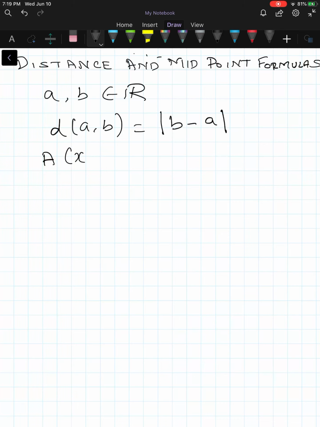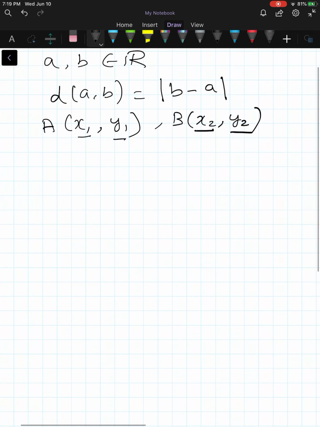Suppose we are given two ordered pairs, that is 2 points on a coordinate plane, that is A of x1 comma y1 and B which is x2 comma y2. So how to find out the distance between them? We know that individually x coordinates are nothing but real numbers and y coordinates are nothing but real numbers.